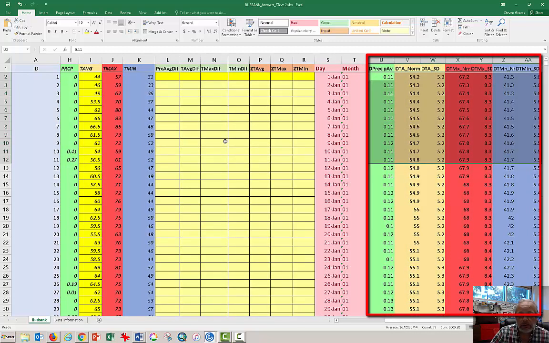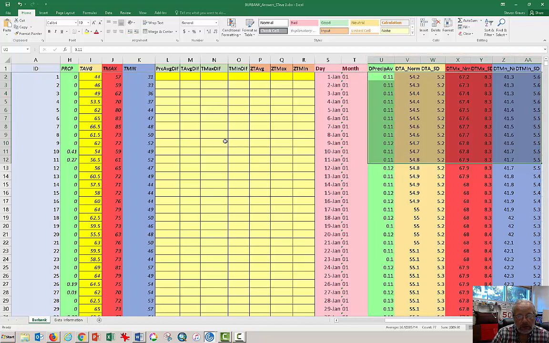And we're going to calculate first just the differences between the averages and the daily observations, and then we're going to convert those differences to a standardized score so that it can be placed properly on a normal curve. That will allow us to understand just how normal or abnormal any given day's weather is.